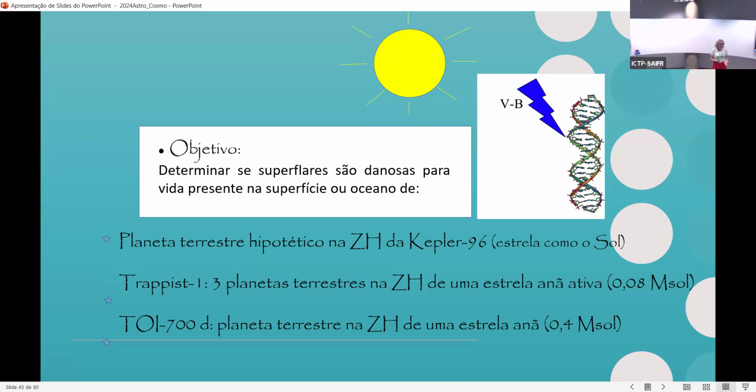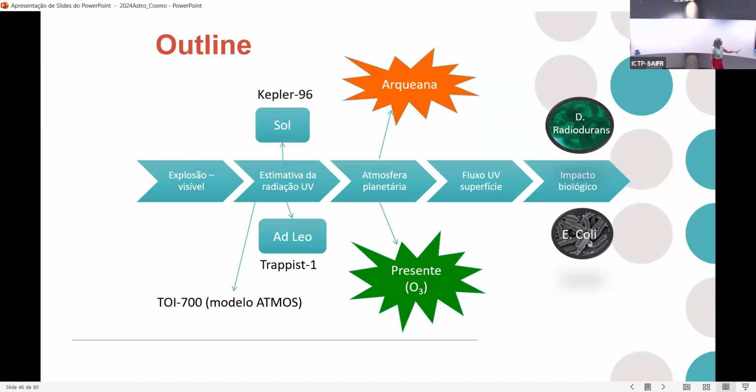But we did all the calculation for a hypothetical Earth-sized planet in the habitable zone, because Kepler-96 is a white star, very, very close to our sun. The TRAPPIST-1 system has 3 planets in the habitable zone, and GJ 700 has 2 planets in the habitable zone. And the outline of the calculation is the following.